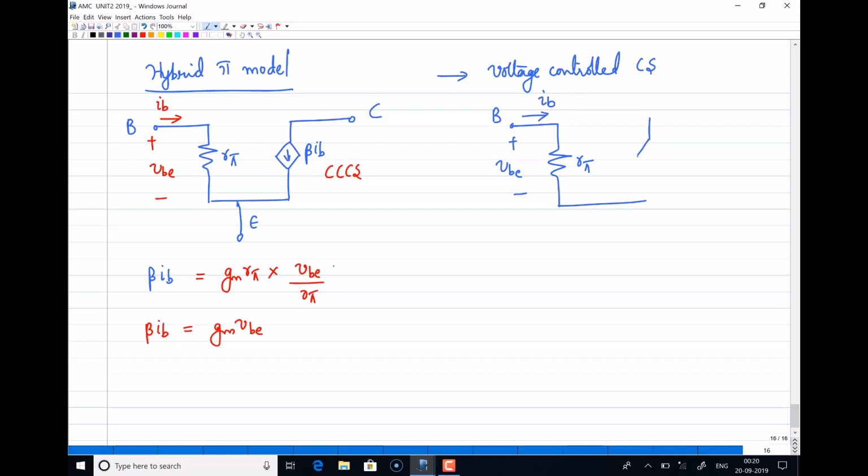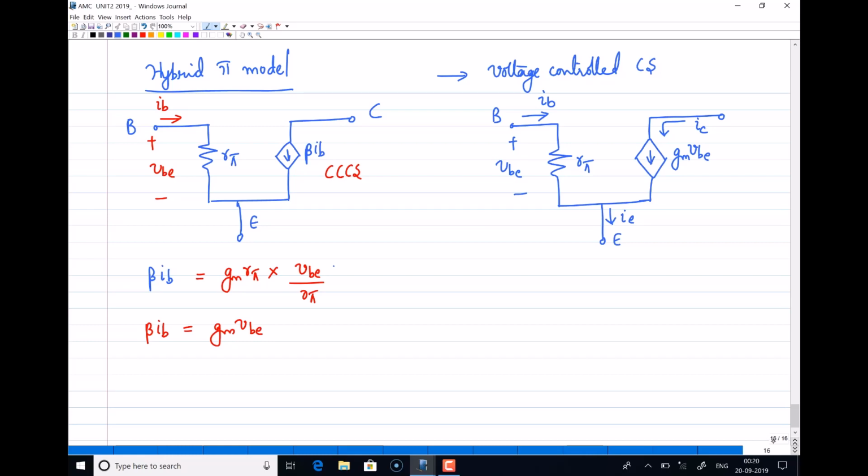Here the control source can be represented by a voltage controlled current source whose value is Gm into VBE. This is the emitter IE, and this is the collector current IC. So these are two slightly different versions of the simplified hybrid-pi model for the transistors.